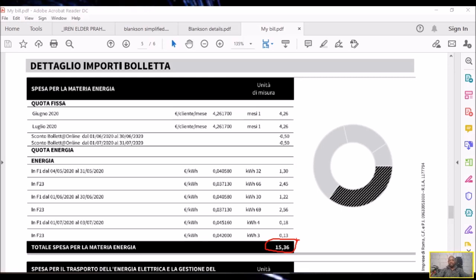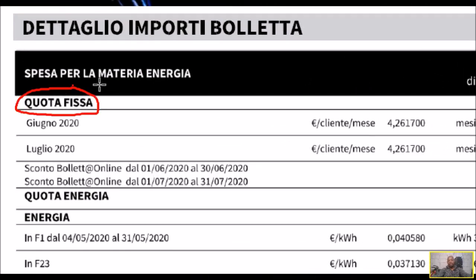You will understand how much you are actually paying for kilowatts in an hour. Most of the bill you receive has quota fees. This price, especially in Mercato Libero, is the company that decides the quota fees.